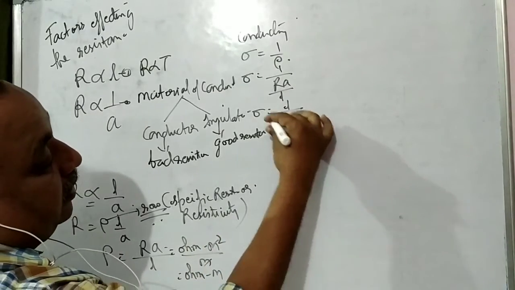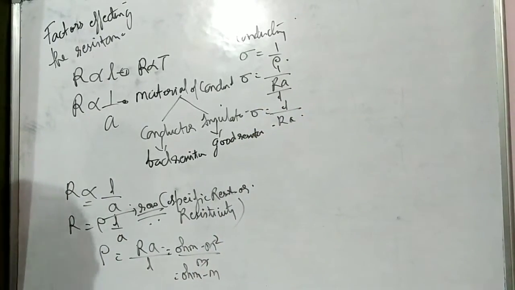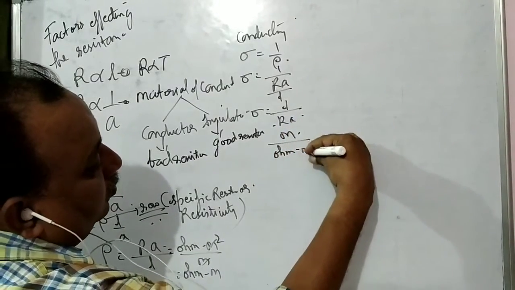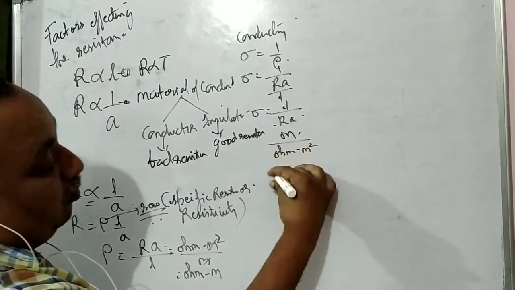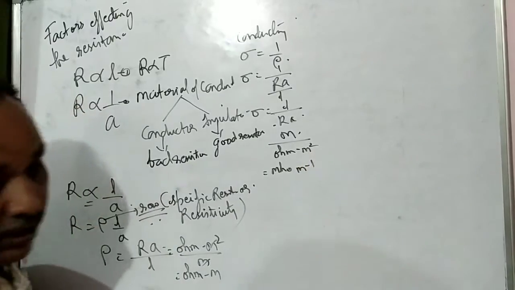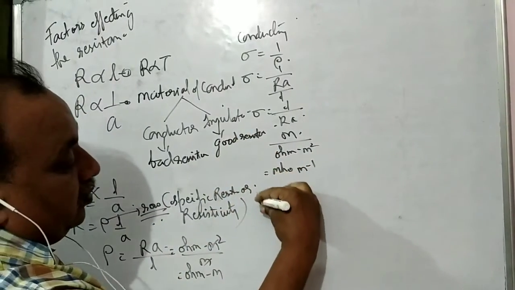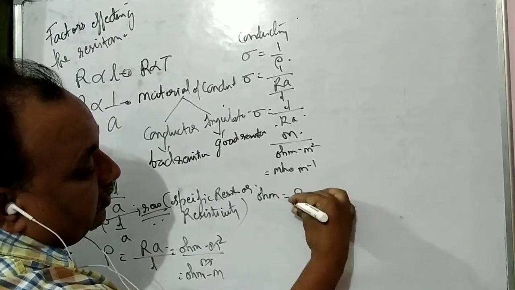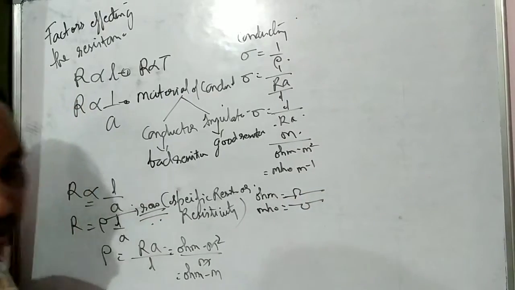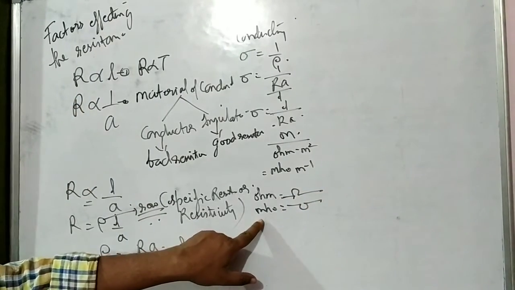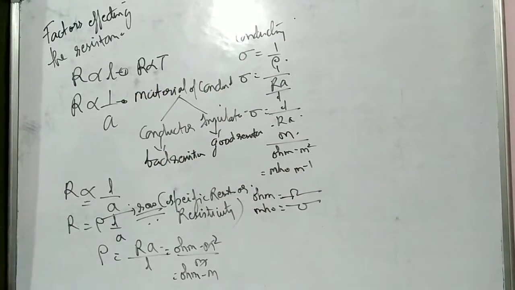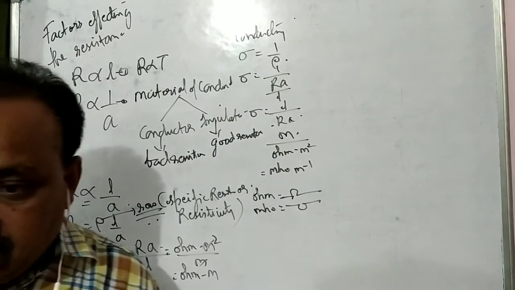Its unit is the reciprocal of the unit of resistivity, so its unit becomes 1 upon ohm meter. 1 upon ohm is known as mho, so the unit is mho per meter. The symbol of ohm is omega, but for mho the reverse of it can be used. So mho is used for conductivity and conductance, and ohm is used for resistance or resistivity. Is this clear?